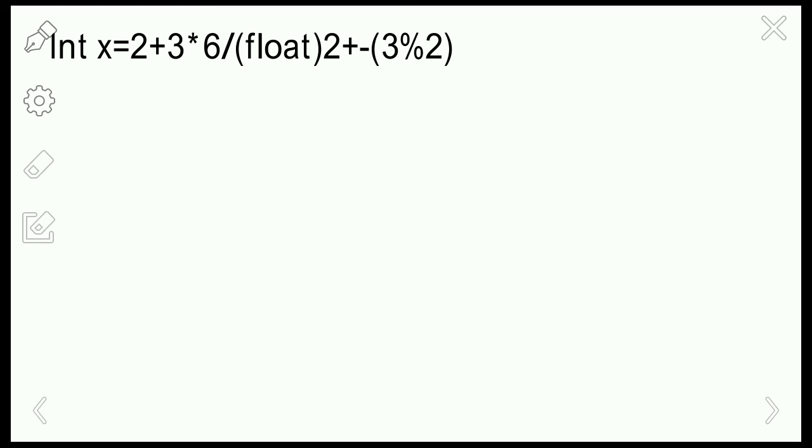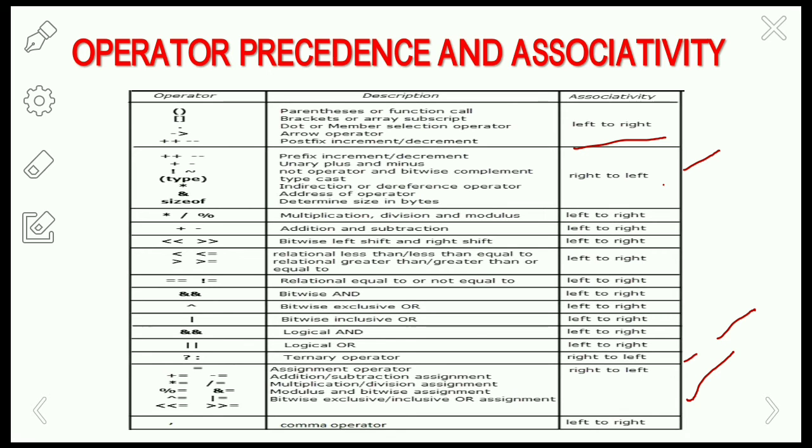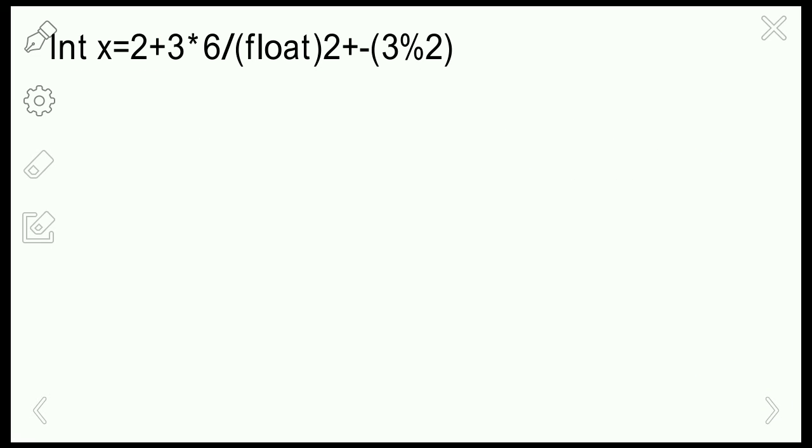Here a variable x is given with the expression, and let us assume that x is of integer type. To solve this expression, first we check the operator precedence and associativity table. In the given expression, the operators present are float, modulus, addition, multiplication, division and subtraction.